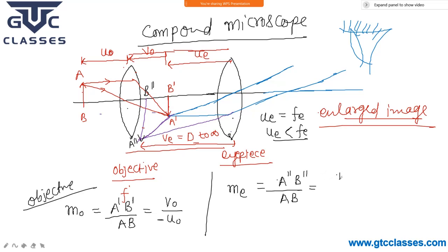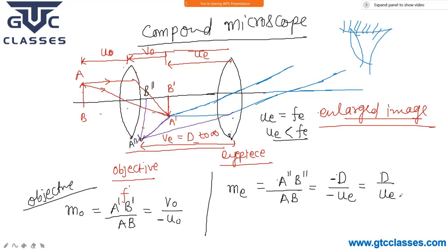Let's say capital D, which we don't know. It will be minus capital D because it is on the left side. And AB will be V upon U basically, and this is nothing but UE, so it will also be minus UE. Minus minus cancel: capital D divided by U. Right? Now what is capital D?